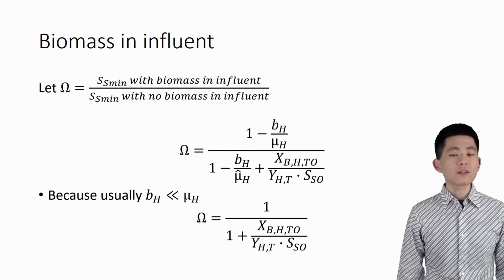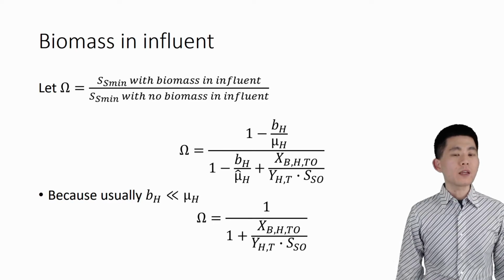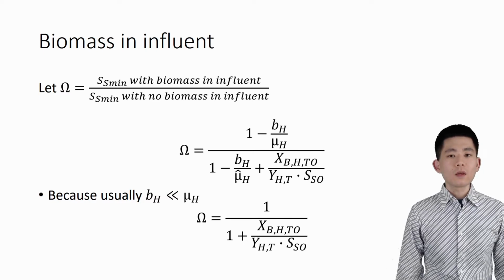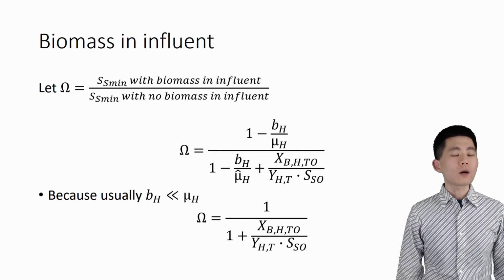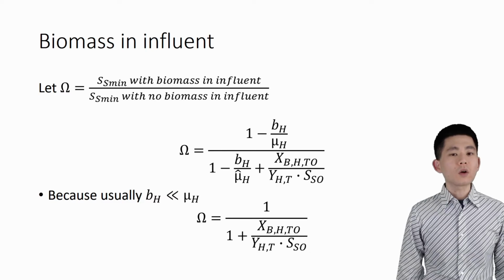Because in most cases the specific decay rate is much lower than the specific growth rate, 1 minus bH over μmax roughly equals 1. We can simplify the omega expression to this. The more biomass in the influent, the lower SS min can be achieved.